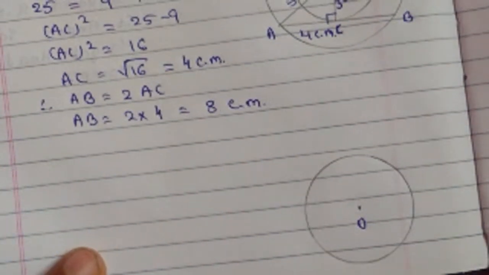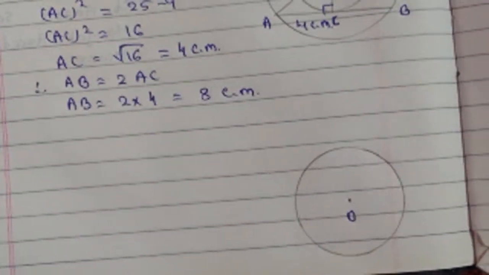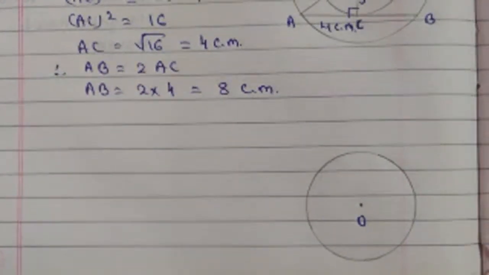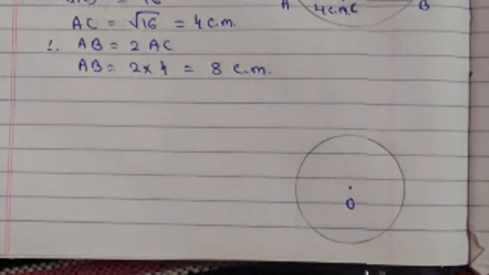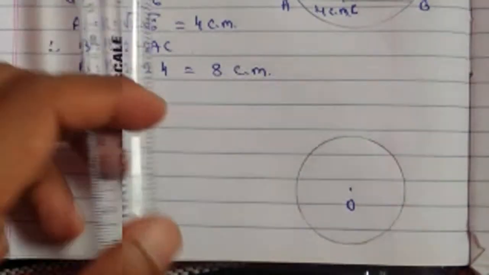I will take this point as O. Then in the figure, I will draw two tangents.